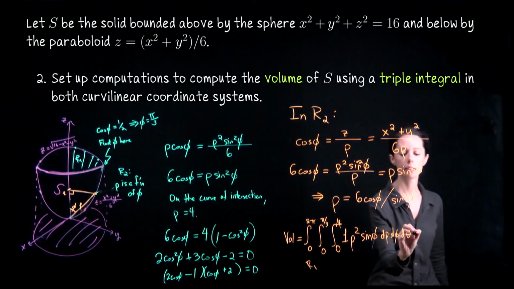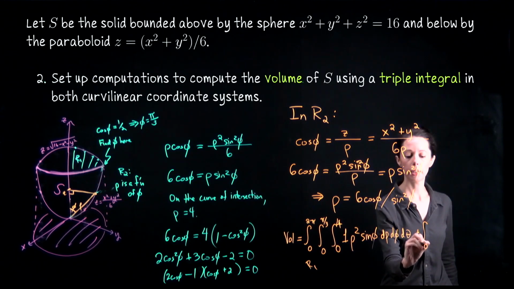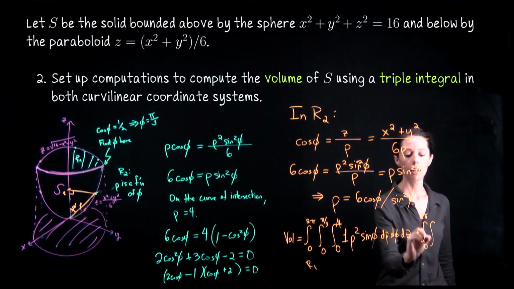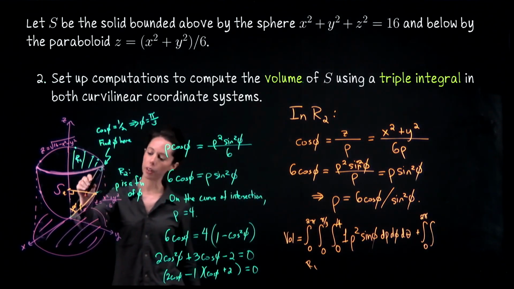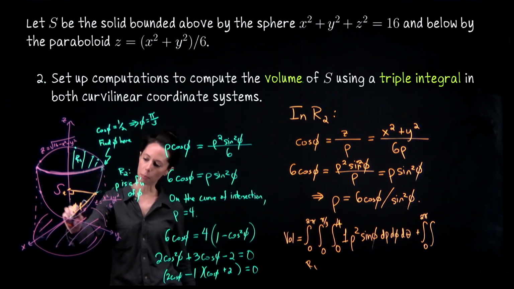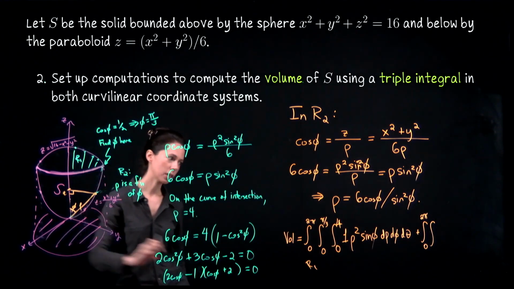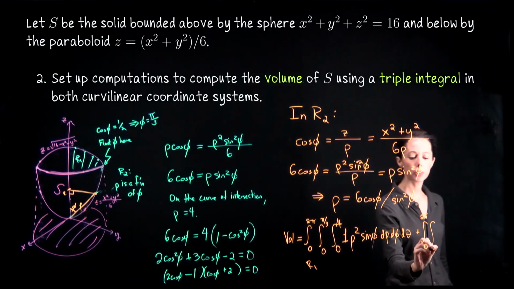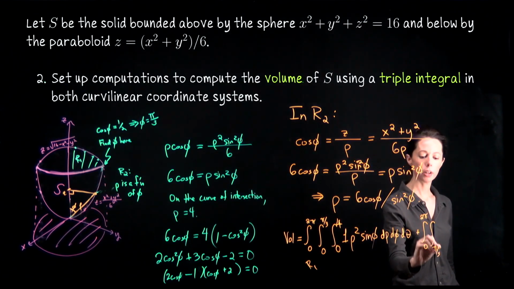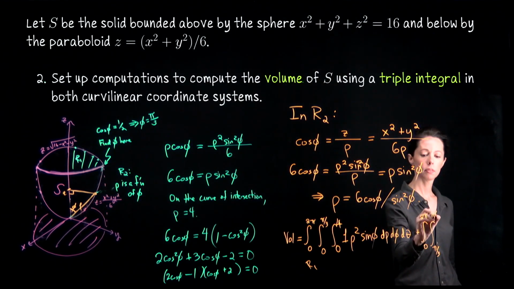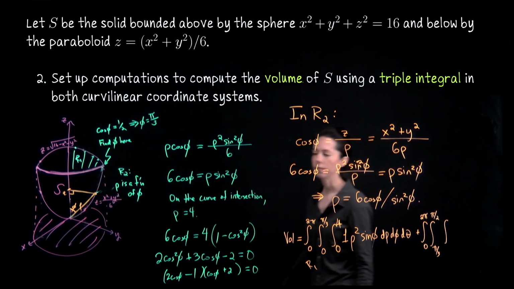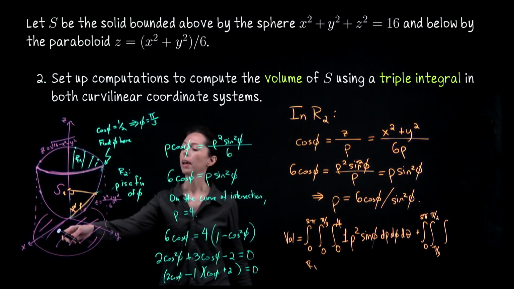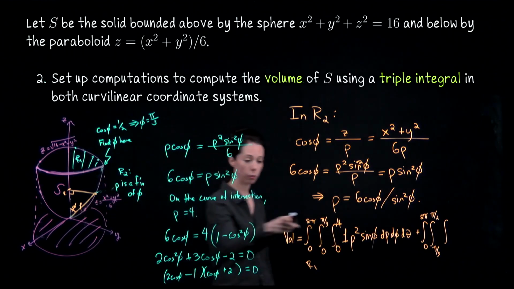Add to that the integral from 0 to 2 pi for theta. For phi, again, we're rotating from pi over 3 all the way down to the xy plane because we do get tangent down here to the xy plane. So that's going to be pi over 3 to pi over 2. And then for rho, we start at the origin and we go out to a function of phi that we found.